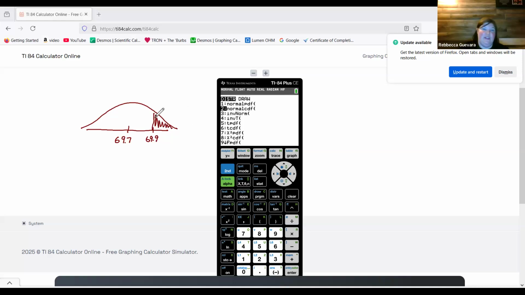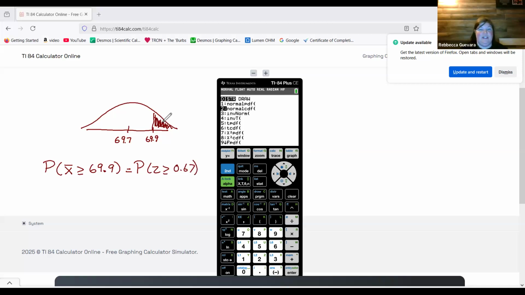We're trying to figure out this area here. What is the probability that we would find men who are 69.9 or taller? So we're looking for the probability that a sample mean would be greater than 69.9 inches, which we converted to a z-score of being greater than 0.67.